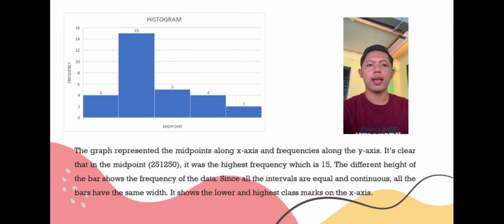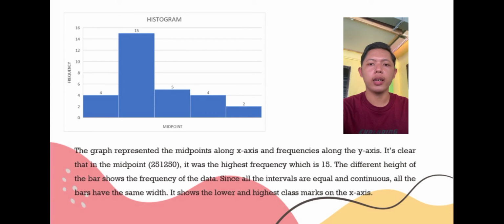So to the next slide, as you can see in the histogram, the histogram presents the midpoints along the x-axis and frequencies along the y-axis. It's clear that the histogram shows the midpoint 151,250.5 has the highest frequency, which is 15.